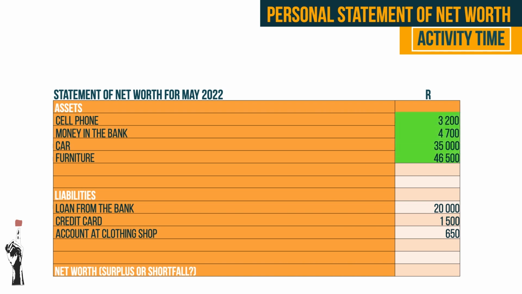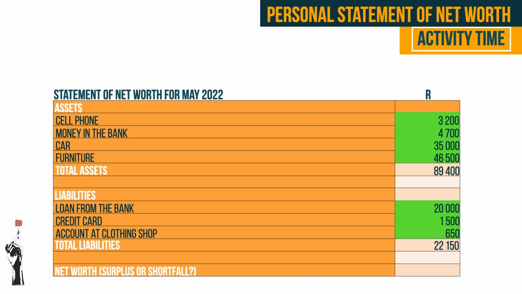Let's look at the answers of this activity. Your assets equal 89,400 and your debt or liabilities are 22,150.